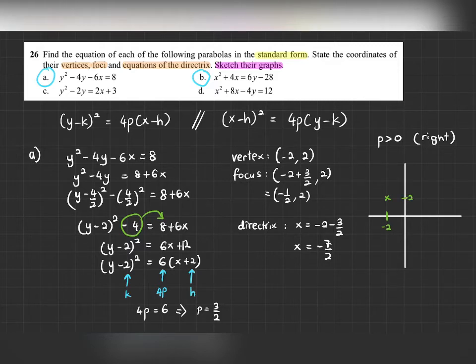This is our vertex. Now our focus is at, what was it, -1/2. Let's say here should be -1/2. And then lastly our directrix is at -7/2. Negative 7/2 is 3.5, so here is 3. Let's say here is our directrix.